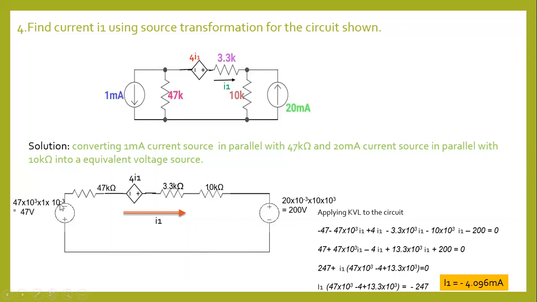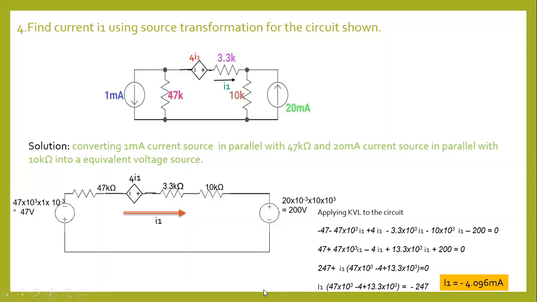Starting from the 47 volts, plus to minus, minus 47 into 10 raised to 3 I1, and minus to plus here, hence plus 4I1. The value of the dependent source is 4I1. The current is minus to plus, hence it is plus 4I1, minus 3.3 into 10 raised to 3 I1, and minus 10K, minus 200, plus to minus, is equal to 0.